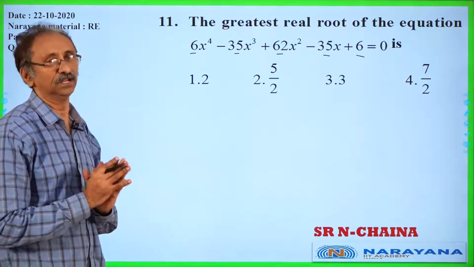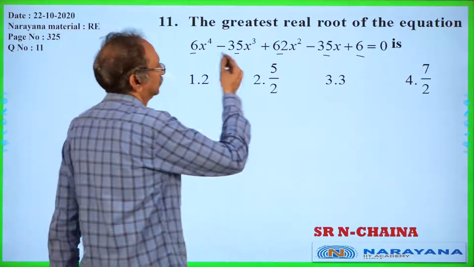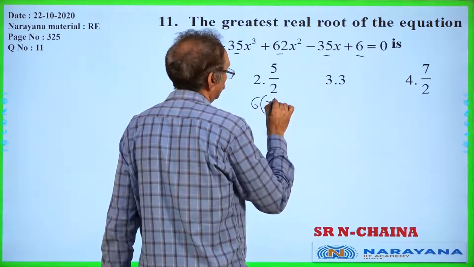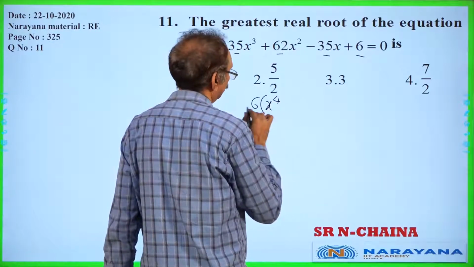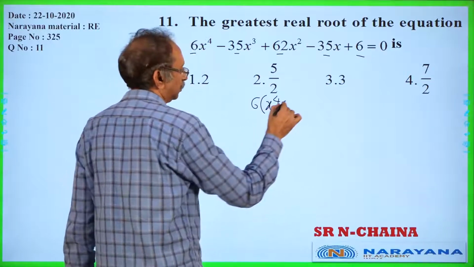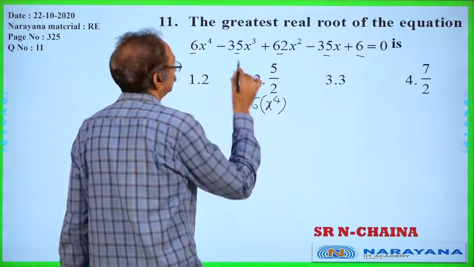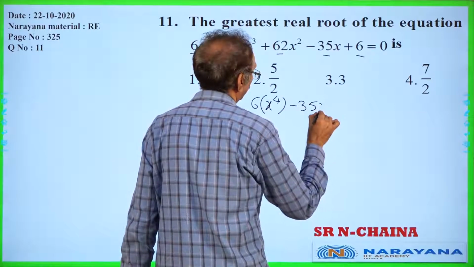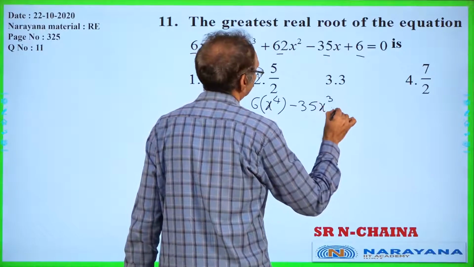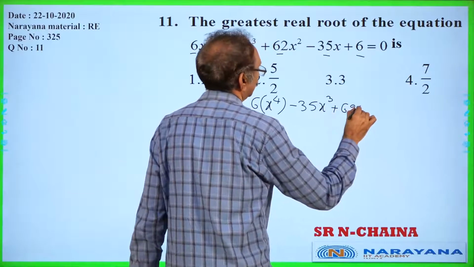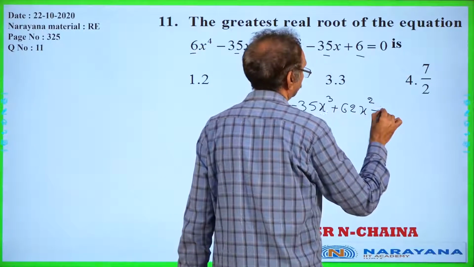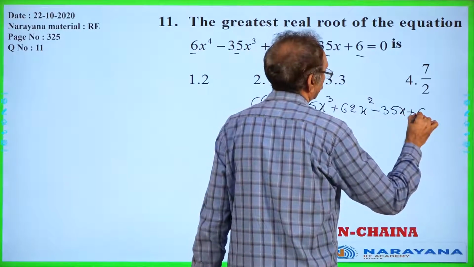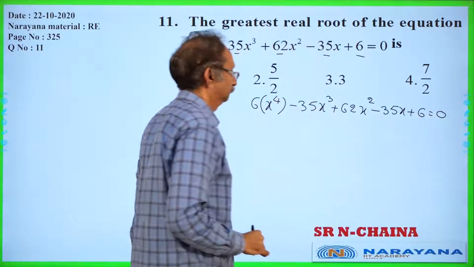So those are very, very important to solve. See how we have to do it. First of all, let me write that equation once again: 6 into x power 4 minus 35x cube plus 62x square minus 35x plus 6 is equal to 0.